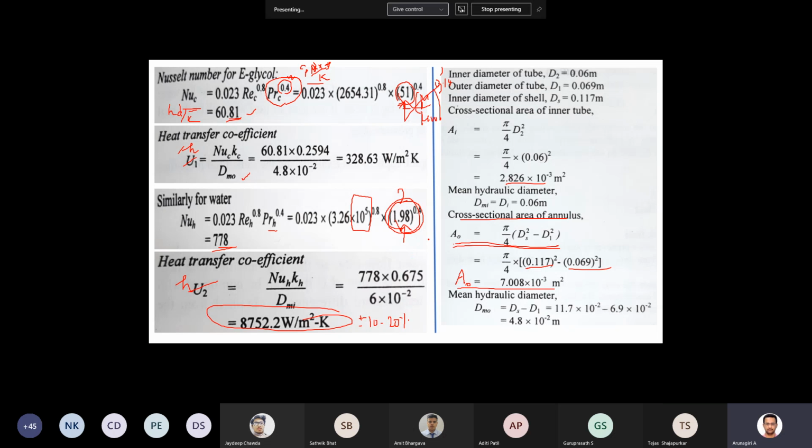Or if you conduct the experiment using water for different pipe dimensions, then you can calculate the heat transfer coefficient by the Wilson method. Wilson is the method that is used to calculate the heat transfer coefficient. So you can calculate the value experimentally, or specific equations are also available to calculate the heat transfer coefficient of water.